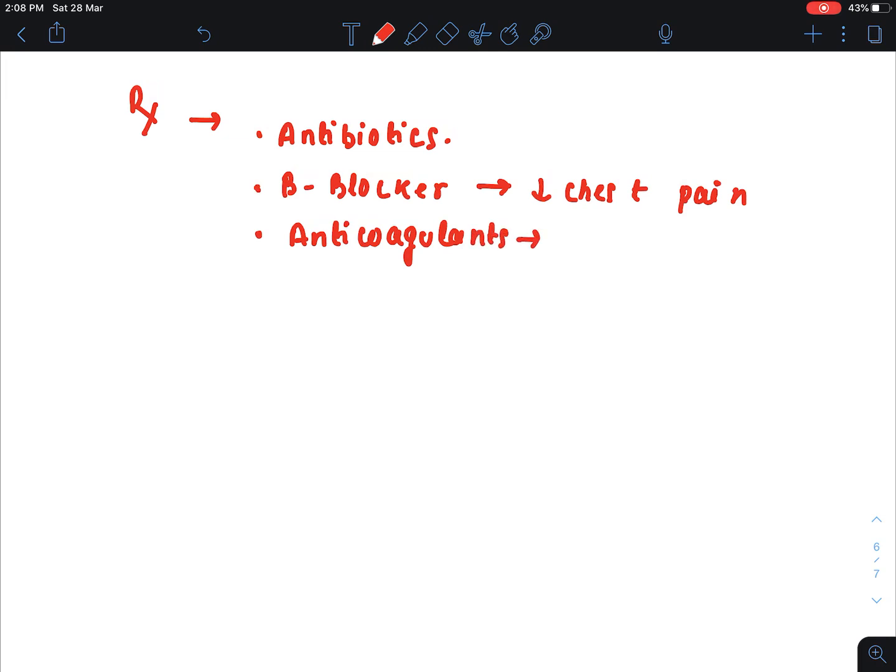These anticoagulants prevent atrial fibrillation. Or if none of these are helpful, then we do mitral valve repair, which is known as valvuloplasty.